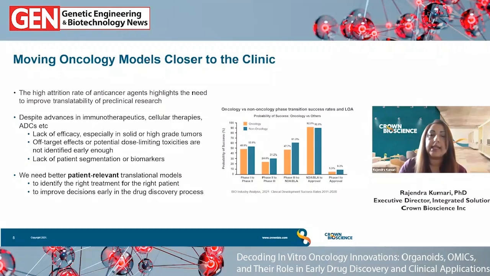But there still is a lack of efficacy, especially in solid or high-grade tumours, off-target effects or toxicities that are not identified early enough, and also the lack of patient segmentation or the relevant biomarkers to identify the right patient segmentation. So we need better patient-relevant translational models to identify the right treatment for the right patient to improve those decisions early in the drug discovery process so that drugs are selected to progress forward.